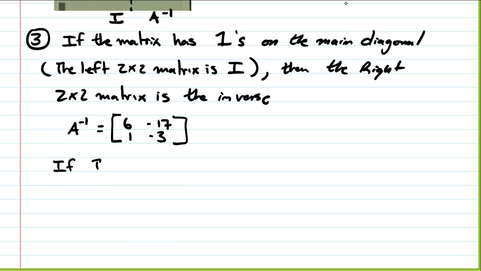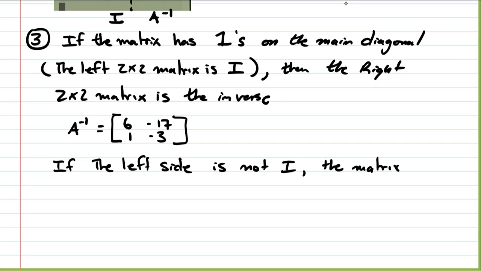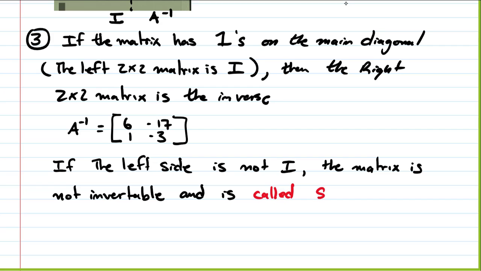If the left-hand side is not I, the matrix is not invertible, and is called singular.